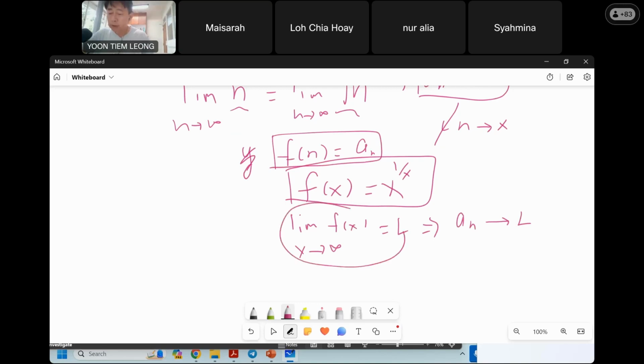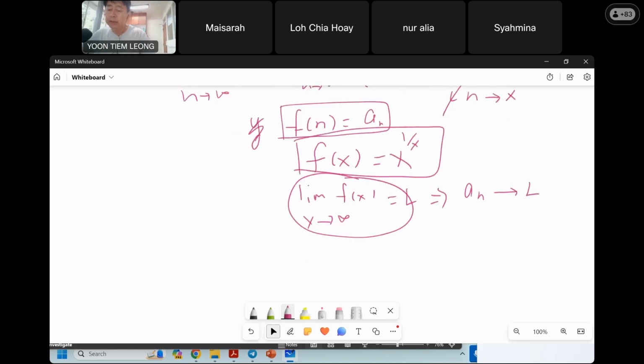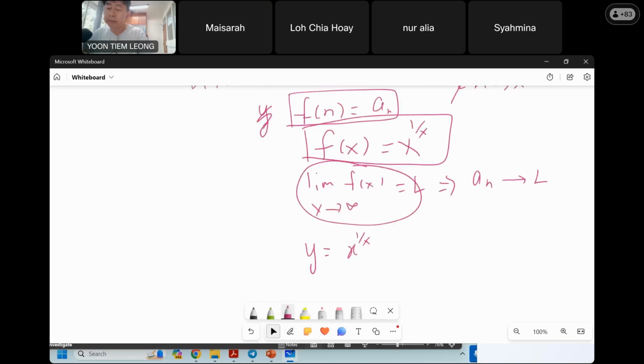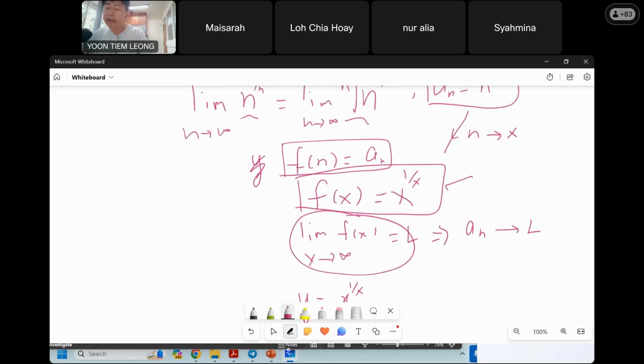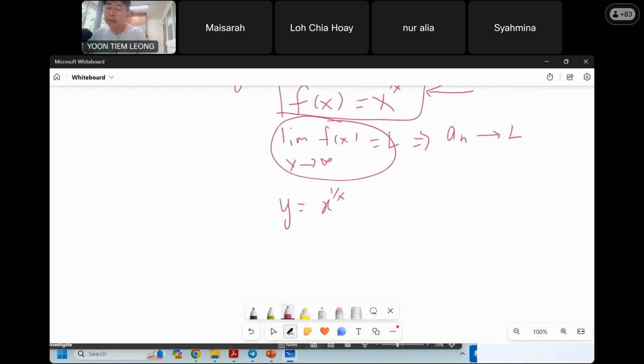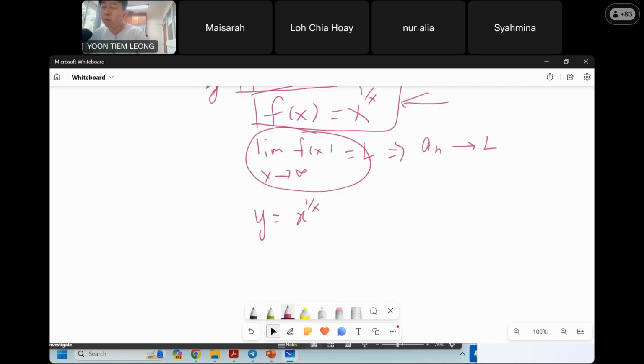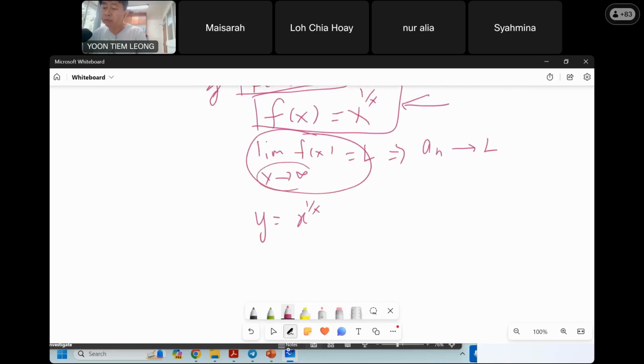So now let us see how you can calculate the limit of the function f(x). So I'm going to call y as x raised to the power of 1 over x. So x to the power of 1 over x is just the expression of my function. So I'm going to use the same trick. In order to calculate the limit of y when x goes to infinity, I'm going to take the log of y on both sides.